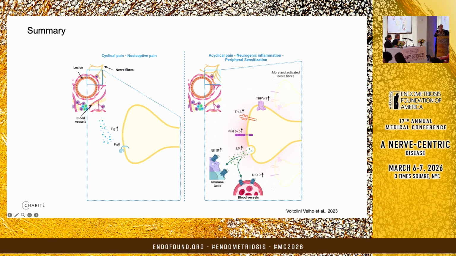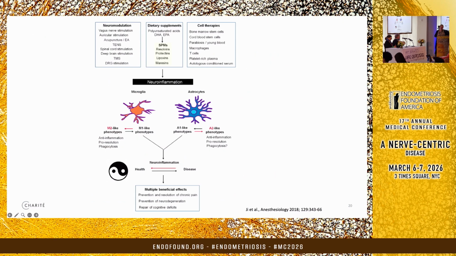So we have then this neurogenic inflammation, and that is a main factor in this ongoing disease. And also, I think it's underrepresented in the understanding of the disease. Neuroinflammation is very important. We also have to start to look for the microglia changes in the endometriosis situation.